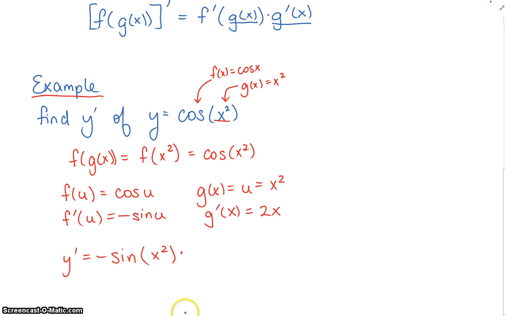Then we multiply that by the derivative of g of x, which is 2x. If you notice, nothing's in terms of u. It's just a way of substituting it so we can remember that this has to be plugged in wherever we see a u. Then we can write it as negative 2x sine of x squared. That is your derivative.